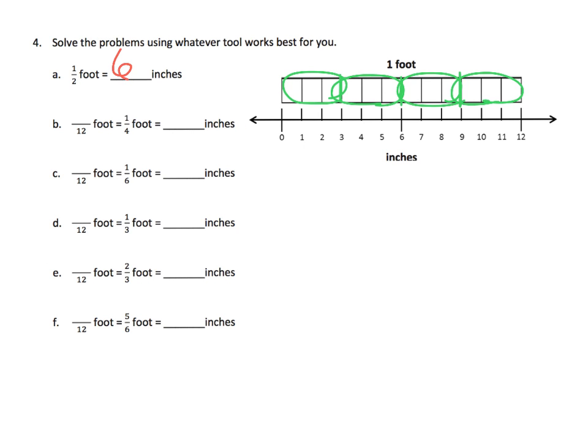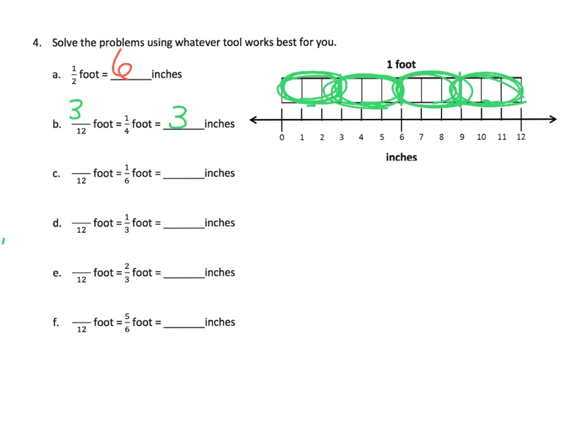These are quarters, so we can see that each quarter is made up of 3 inches. So a quarter is 3 inches, which is 3 out of 12.